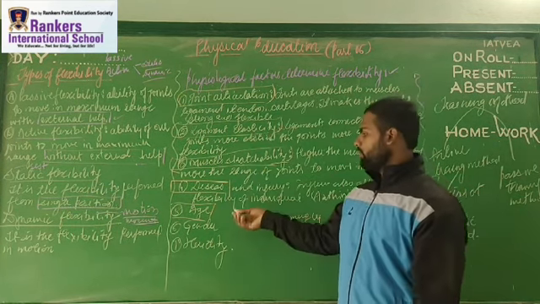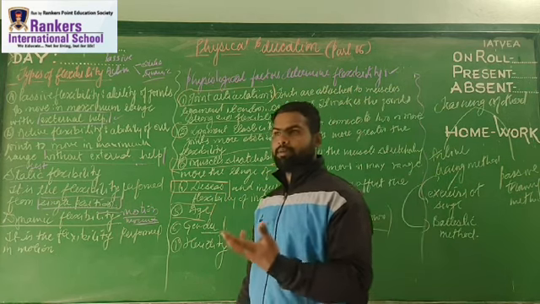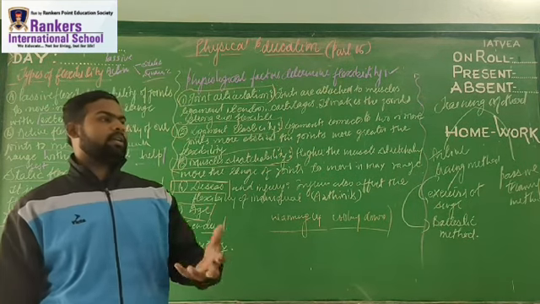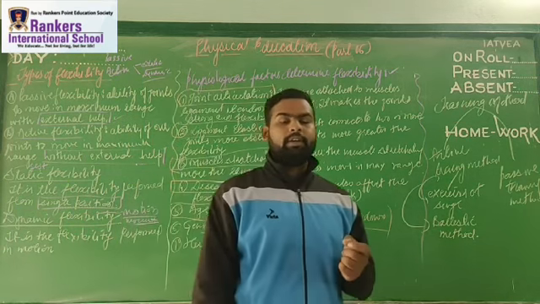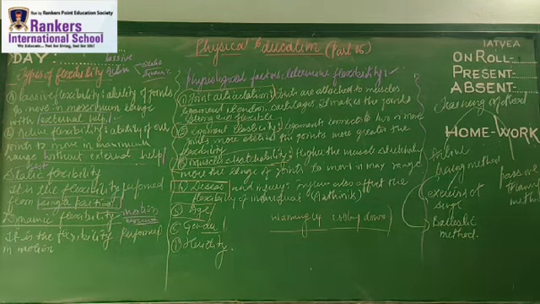Right? Next is heredity. Definitely heredity is the most important component we need to think about. It's a great point. We are human beings, and reproduction is a biological process by which organisms produce their young ones, right?